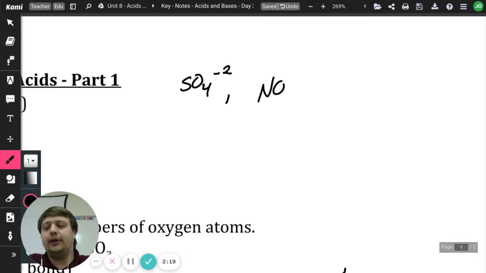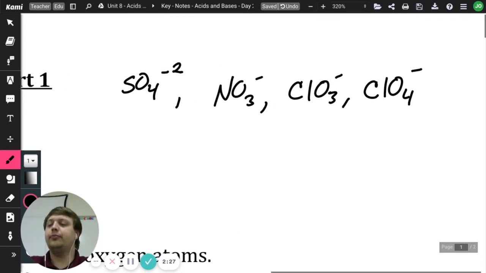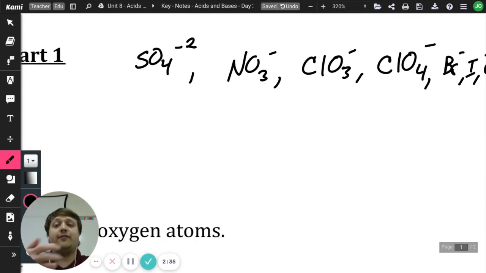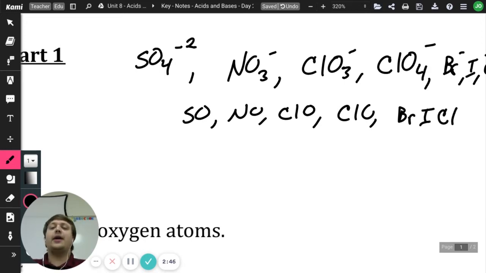Sulfate, nitrate, chlorate, perchlorate, and then a bromine, iodine, and chlorine ions. And the way that I have always remembered those are so, no, clo, brickle. And that's always helped me to remember my strong acids.